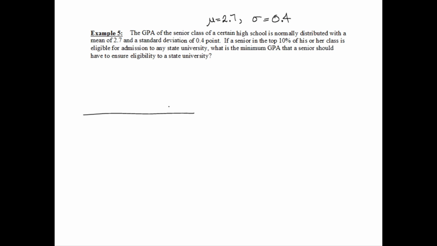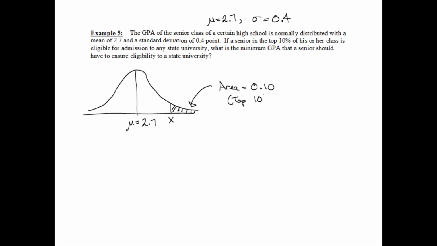Here's the idea. This time we're trying to work backwards from the area to the z-score. We know that our mu of 2.7 is exactly in the middle. We know that somewhere here is a value of x that we are trying to find. If this is the top 10% here, that means this area is 0.10, or our top 10%. Then what is this area? Has to be 0.4.